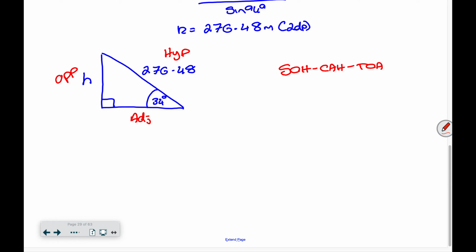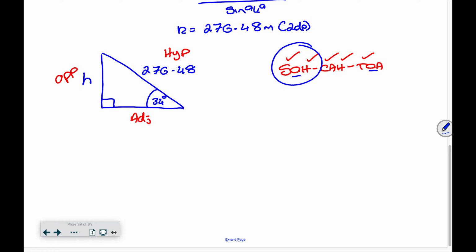Well, we know the angle, so tick off the S, the C, and the T. We know the hypotenuse side, so tick off your H's. And we're asked to find the opposite side, so put a line underneath the O's. So two ticks in a line, we're going to use sine. And if you were doing this not using SOHCAHTOA, it would be the sine rule you would use. SOHCAHTOA comes from the sine rule.